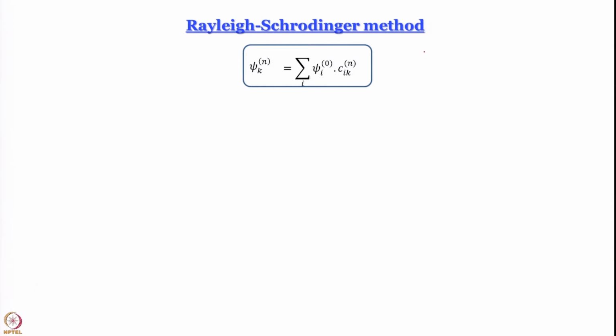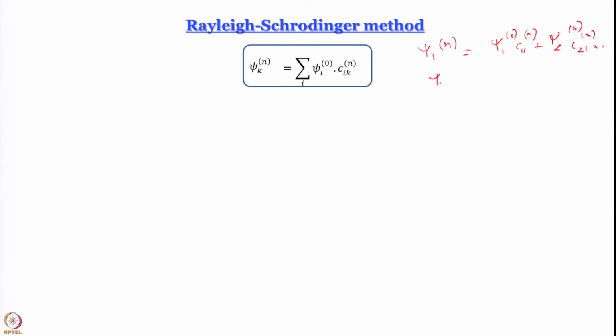What I am saying is I can write like this: psi 1 nth is equal to psi 1 zeroth C 11 nth plus psi 2 zeroth C 21 nth, and so on and so forth.